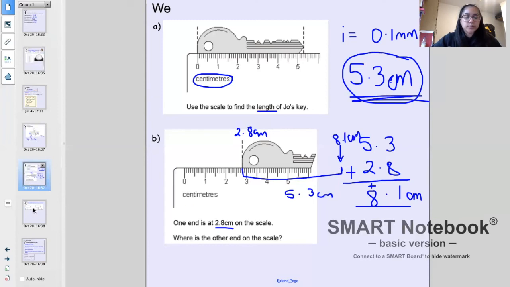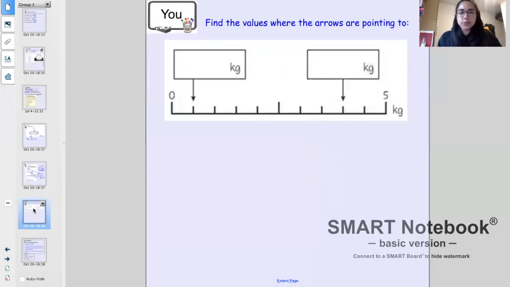Brilliant, let's move on. So what I'd like you to do is, using all of these skills we've discussed in those 2 questions, can you please have a go at finding the values of where the 2 arrows are pointing to? Okay, so pause the screen, have a go, and then we'll go through the answers together.